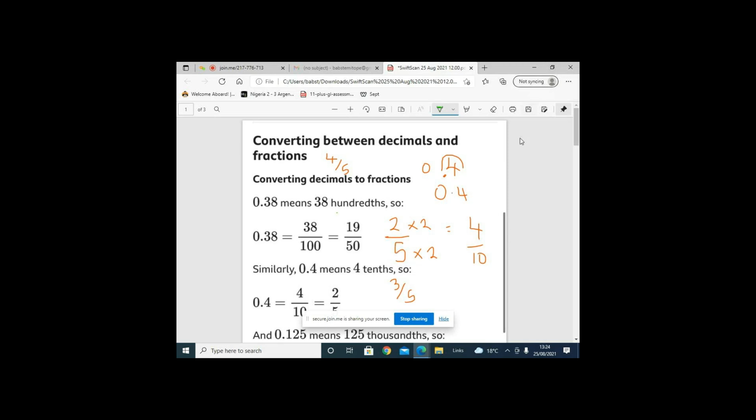So what can I do to 5 to get to 10? I multiply by 2. So I multiply 5 by 2, I got 10, and I multiply 2 by 2, I got 4/10. So you can now divide 4/10. 4 divided by 10 is going to be 0.4, like what we used to do before. 10 is 10. Just move it backward by 1. That's going to be 0.4. So the same approach. We are converting fraction to decimal here.